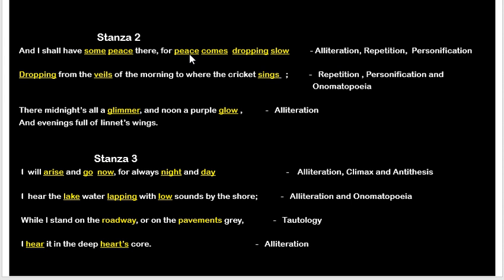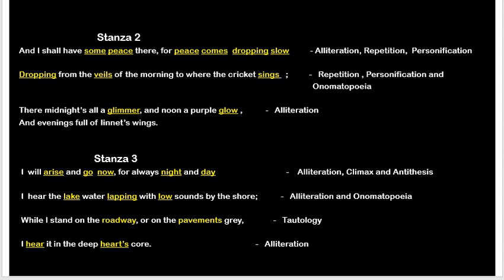Repetition also is used here because the word peace is repeated. We can also find personification because here we can see that peace comes dropping slow. Here peace cannot come or go. It is a human quality which is assigned to peace. So it is personification.